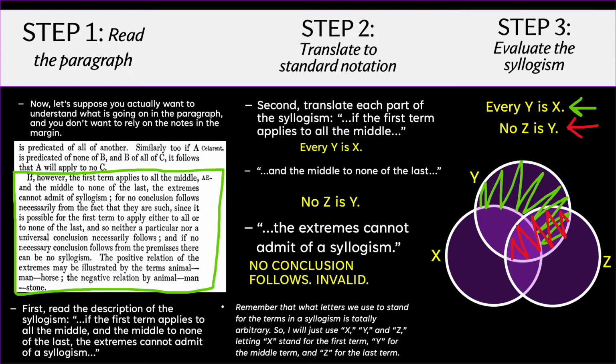We're thereby saying that none of the z circle is overlapping with the y circle because we've destroyed the parts that do overlap, saying these are not fitting with the premise. So we've destroyed everything in the z circle that overlaps with the y circle so that now all of the z circle is outside of the y circle, and all of the y circle is outside of the z circle.